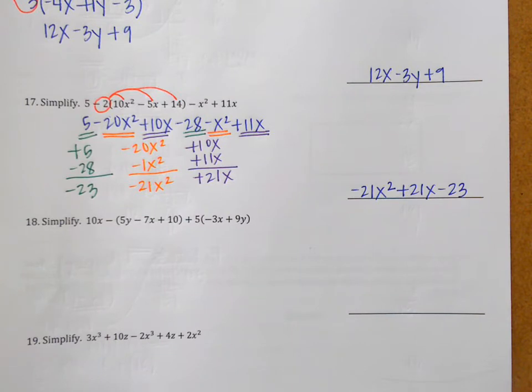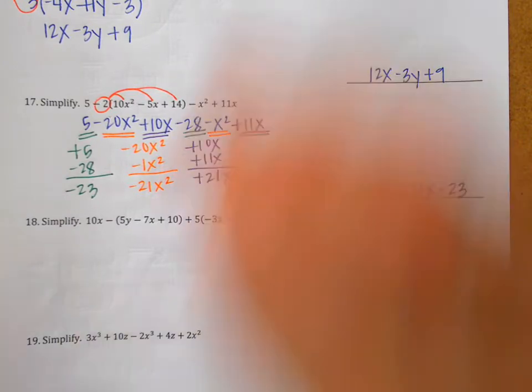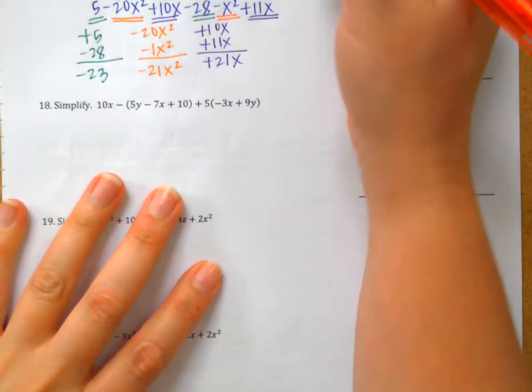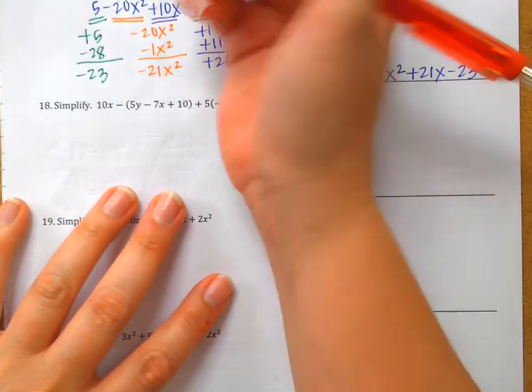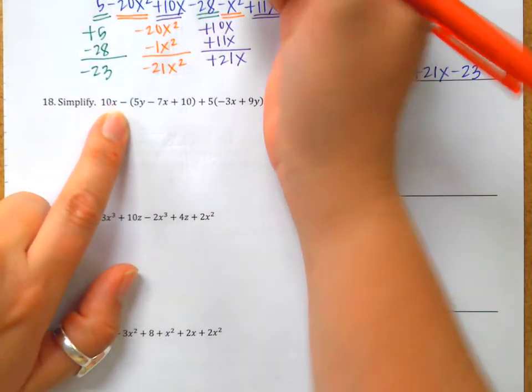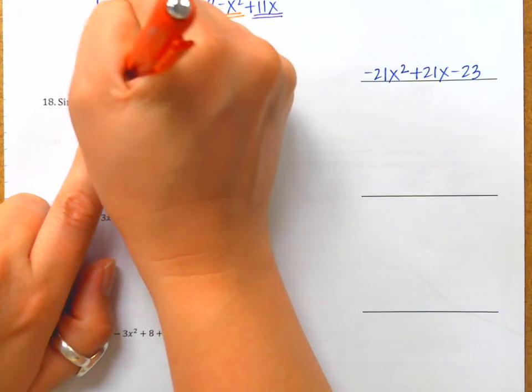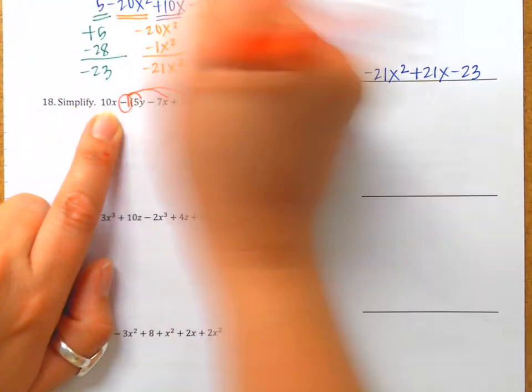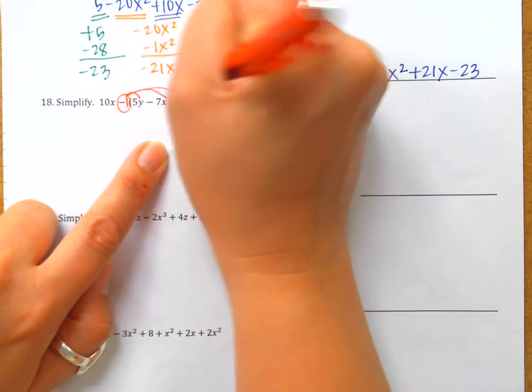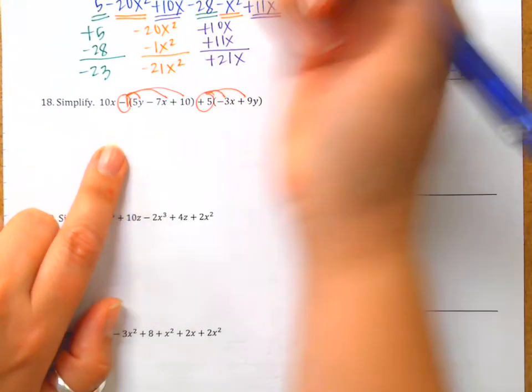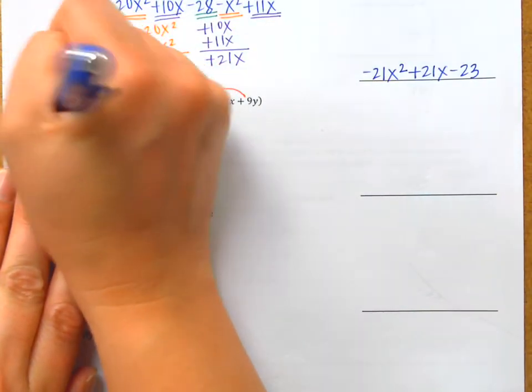Okay, so let's try 18. So 18, first step, always, always, always, is distribute. Now, we have two things that we need to distribute here. We need to distribute this minus. Remember, we can assume this is a -1 and distribute it to everything. And then we need to distribute this +5. So let's do that first. 10x doesn't change.